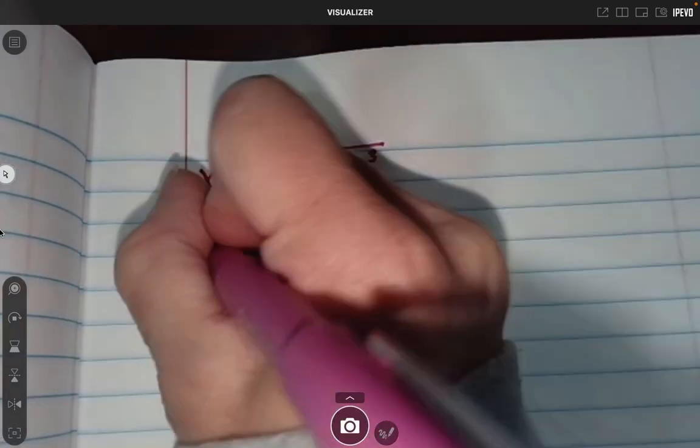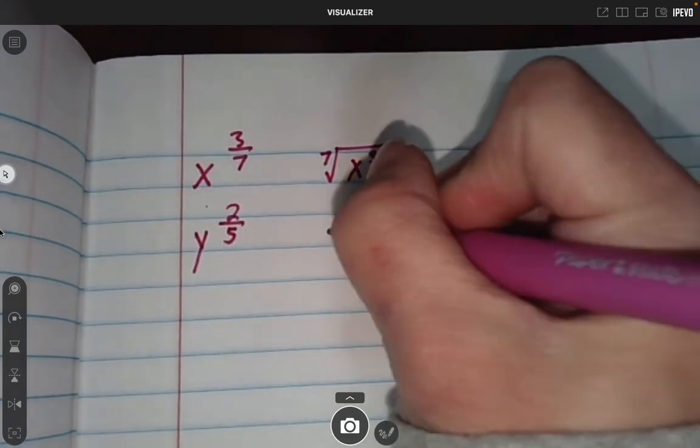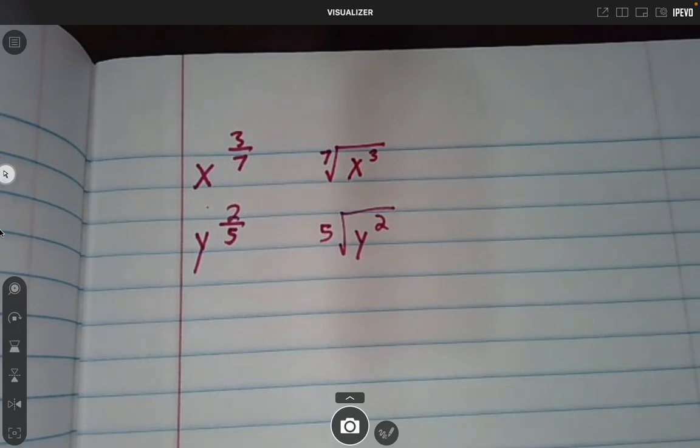Y to the 2/5. What would that one be? The 5th root of y squared. There you go. Is that your answer? That's your answer. Yeah, it just wants you to write it in radical form.